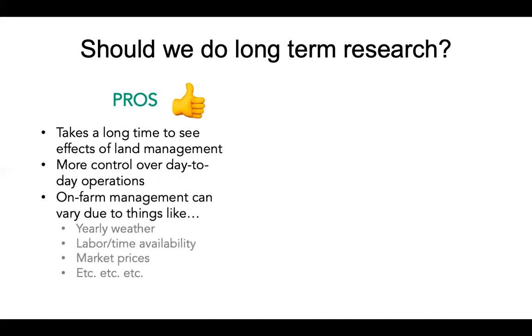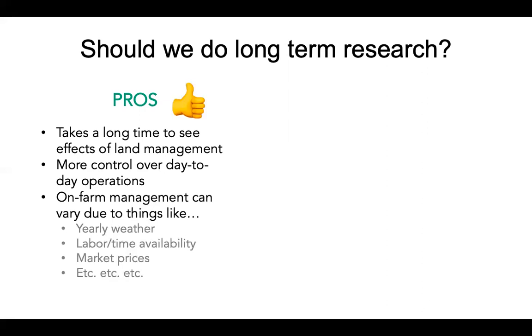Another thing is that when you're on a farm, there are so many different year-to-year fluctuations, whether it's just weather fluctuations and all the implications of that. Sometimes, you have more or less labor availability or time, maybe you're pregnant or something like that, and so you can't harvest at a certain time. There are things like that, or you get sick. There are also market prices.